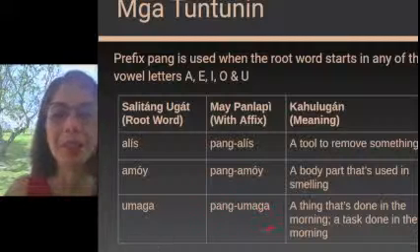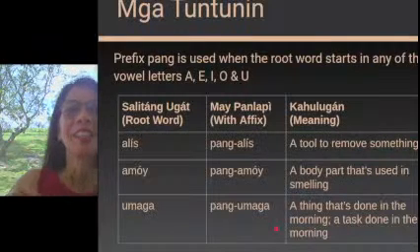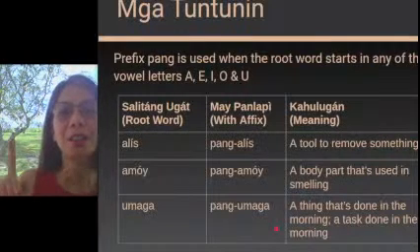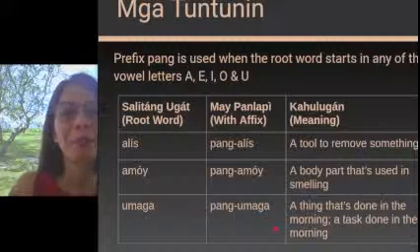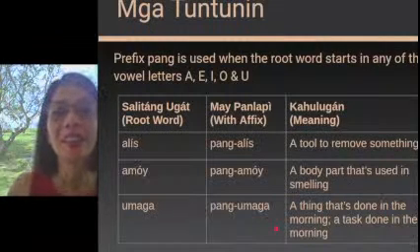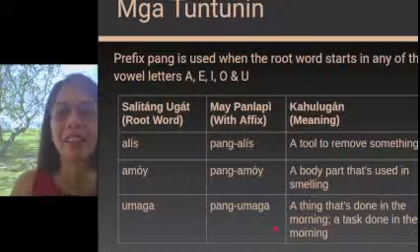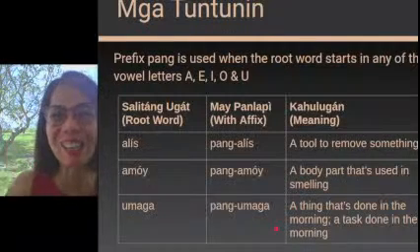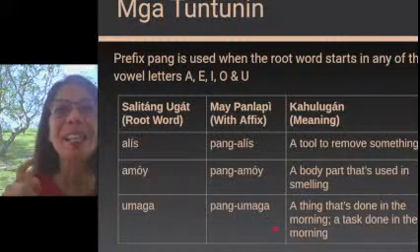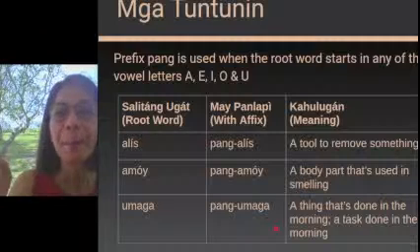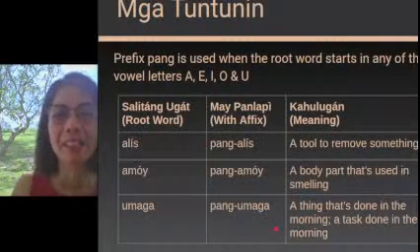It can also refer to security guards. For example, in this resort, there's one security guard for the morning shift and another security guard for the night shift. Secure na pang-umaga, secure na panggabi. Pang-umaga for the morning, panggabi in the night, right?